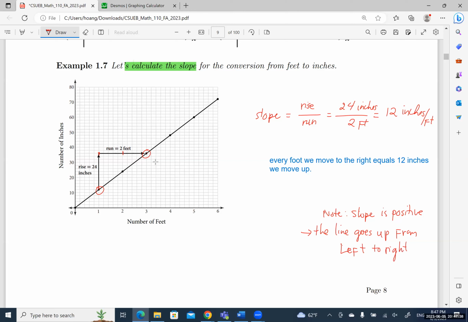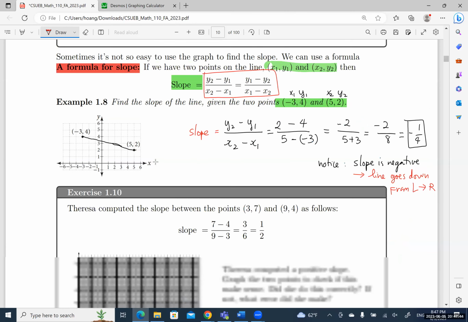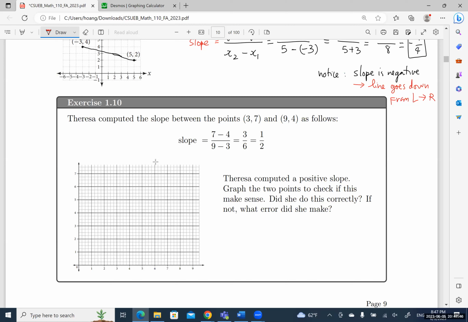All right, and you see that. So I would like to leave exercise 1.10 there for you guys to practice on, put together, and draw the graph for me.